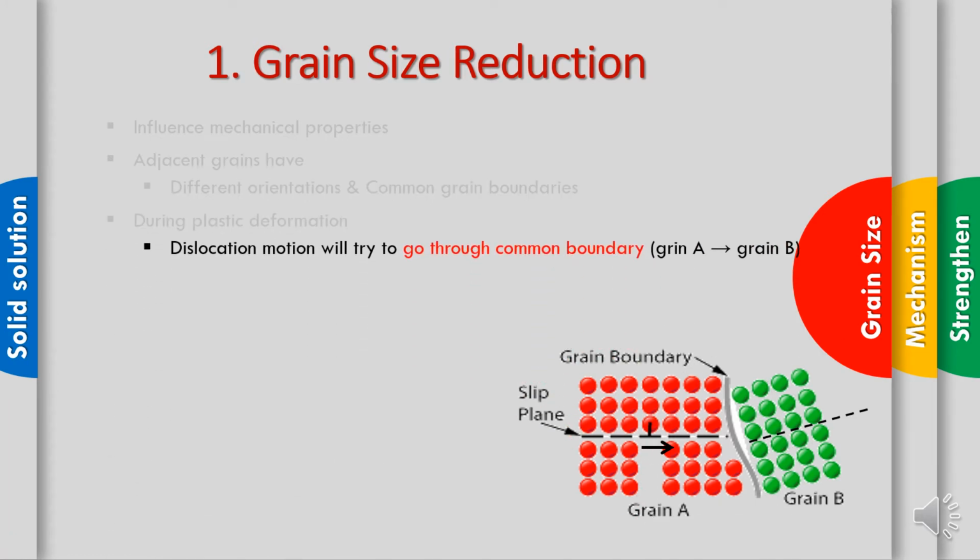During plastic deformation, dislocation motion will try to go through the common boundary, from grain A to grain B. You can see the dislocation motion from the slip planes move to the right and reach the grain boundary here.